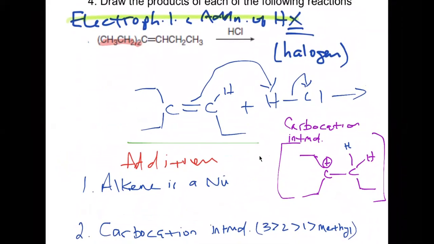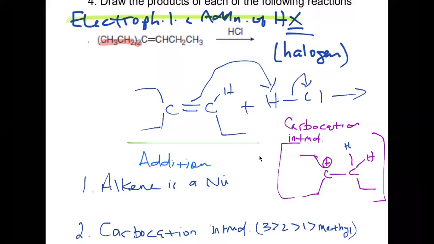In the mechanism, whenever you add HX, all of these are addition reactions, and your alkene is always going to act as your nucleophile. Right, so these are addition reactions.